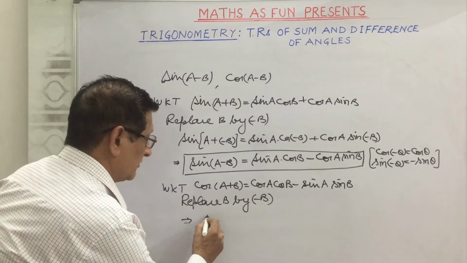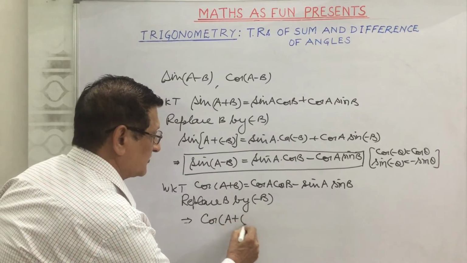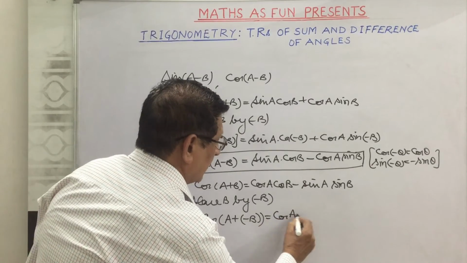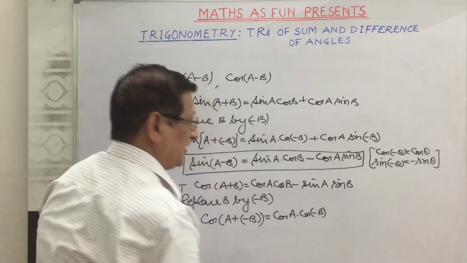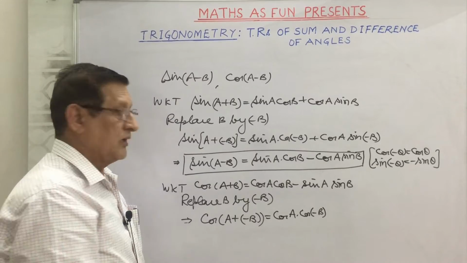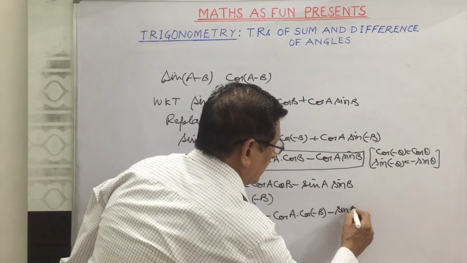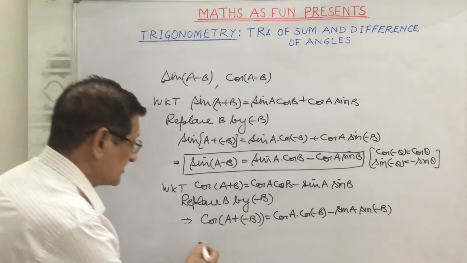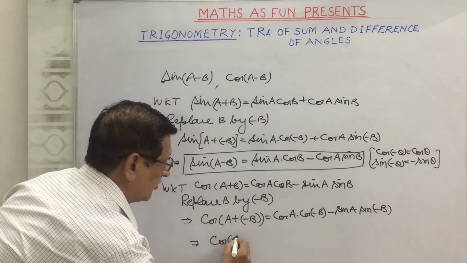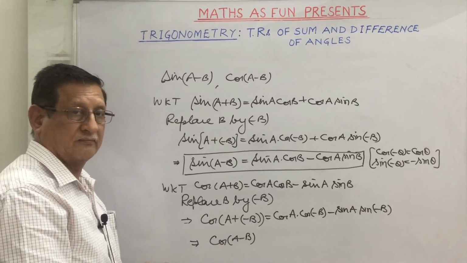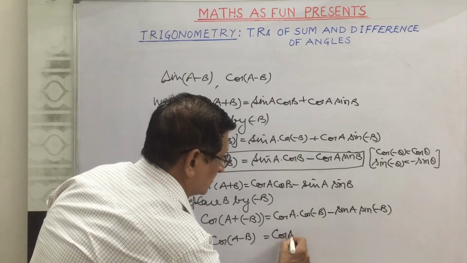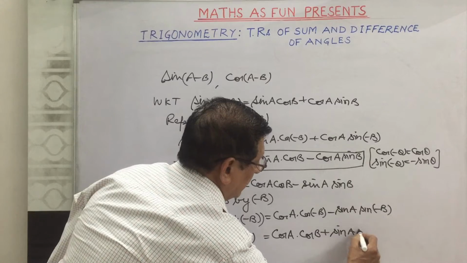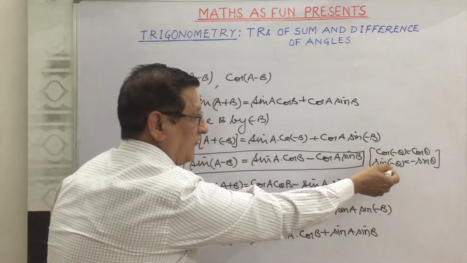We will find cos of A plus minus B is equal to cos A into cos of minus B minus sine A into sine of minus B. And if we simplify, we get here cos of A minus B is equal to cos A into cos B plus sine A into sine B using the same formula.